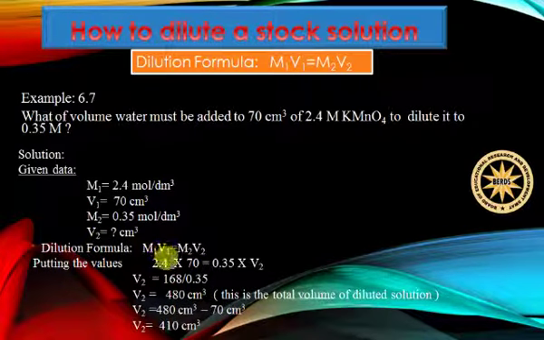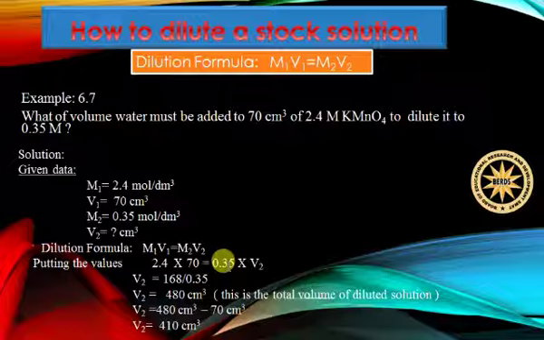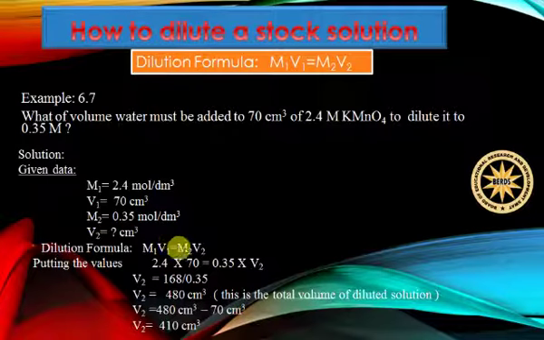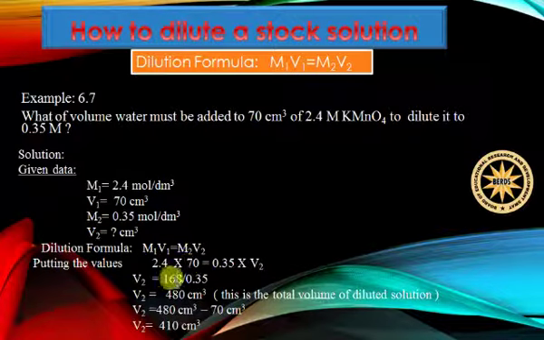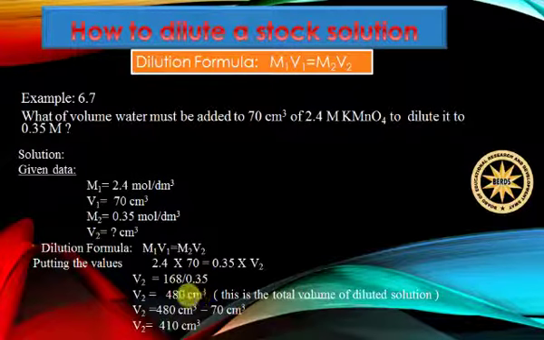So putting all the above values in this dilution formula, M1 is 2.4 multiplied by 70, which is the volume, and is equal to 0.35, which is the molarity of the dilute solution, and then V2. Here V2 is unknown, so this is multiplied, which becomes 168, and then divided by 0.35. So V2 is equal to 480 centimeter cube.